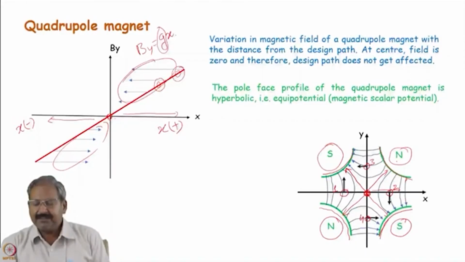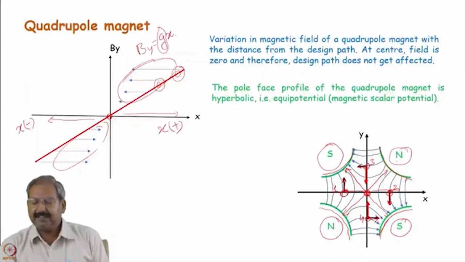Now at this point, the magnetic field line is in just this direction, that is the tangent at this location on the magnetic field lines. Here the tangent is in this direction, so the magnetic field is in this direction. You can see that when x is positive, the magnetic field is in the opposite direction to the case when x is negative. The similar is the case for the y-axis: on the positive y-axis and negative y-axis, the magnetic fields are in the opposite direction.